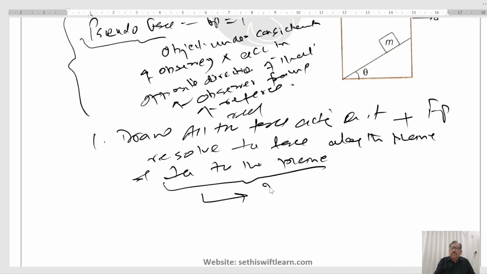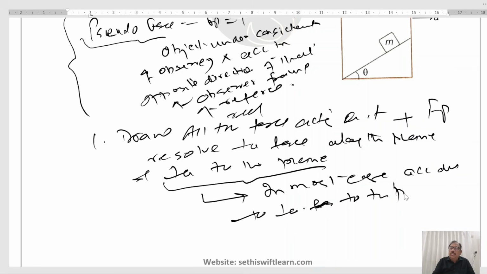In most cases, the body does not accelerate due to perpendicular forces, perpendicular to the plane, right?